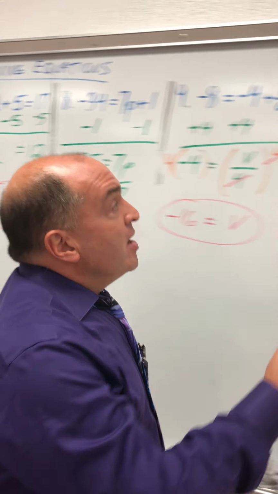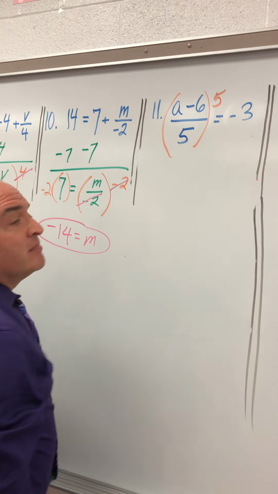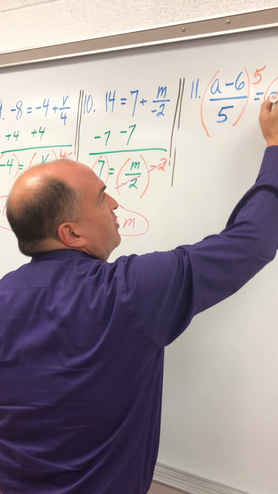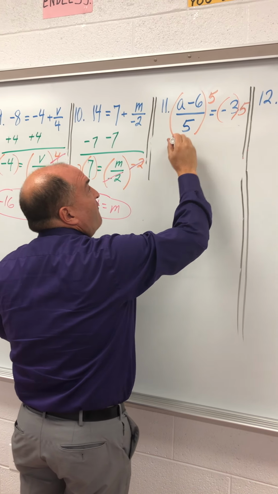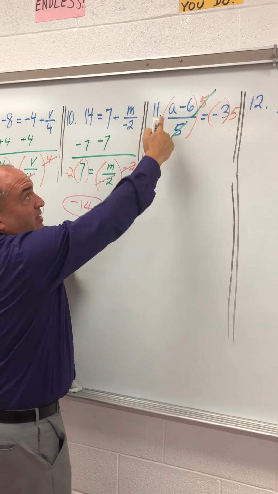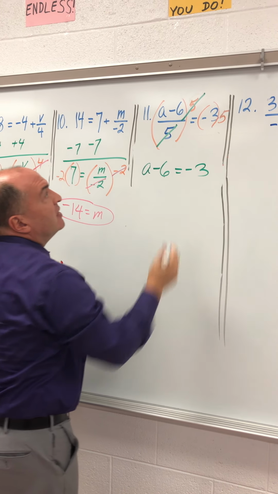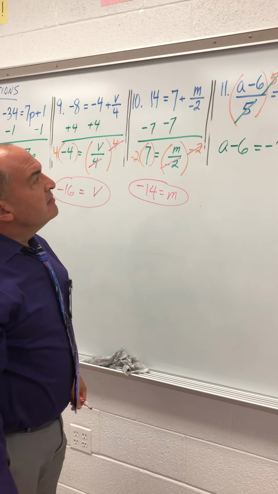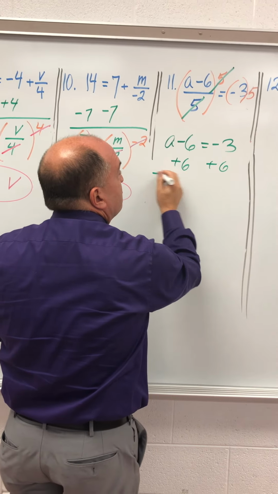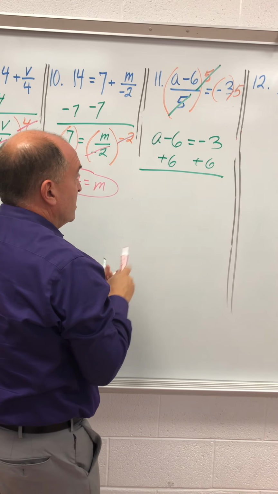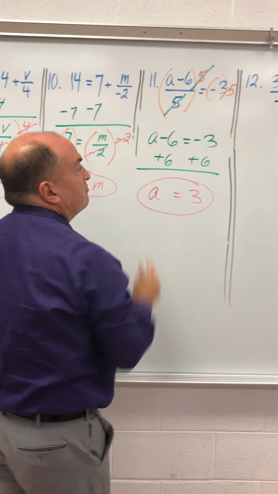We're going to multiply by 5, both sides, because it gets the 5's to cancel. And I'm left with a minus 6 equals negative 3. Easy. Add 6 to both sides. A equals 3. No problem.